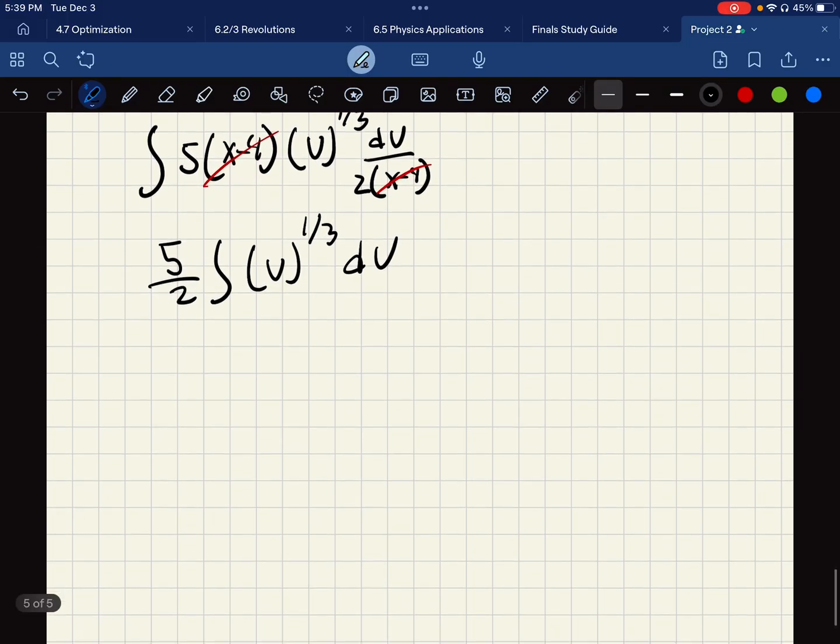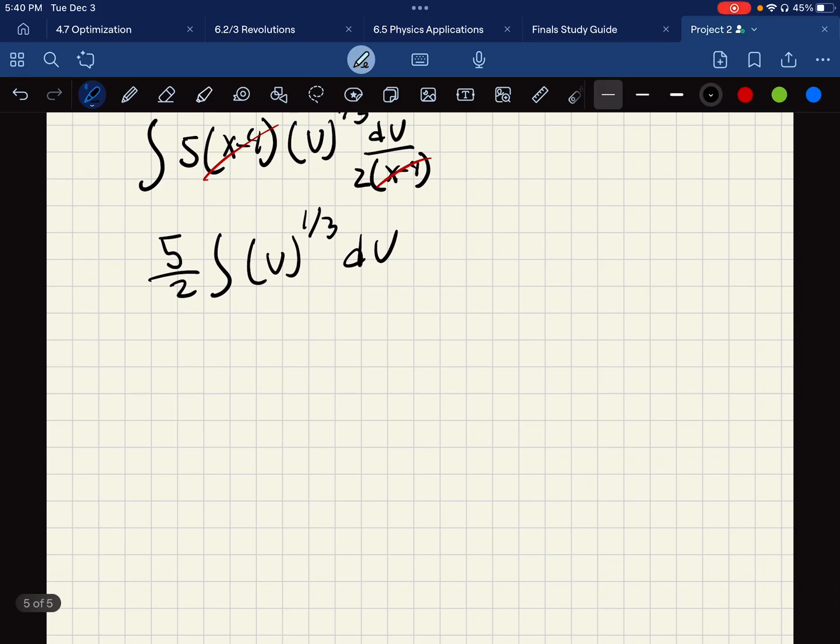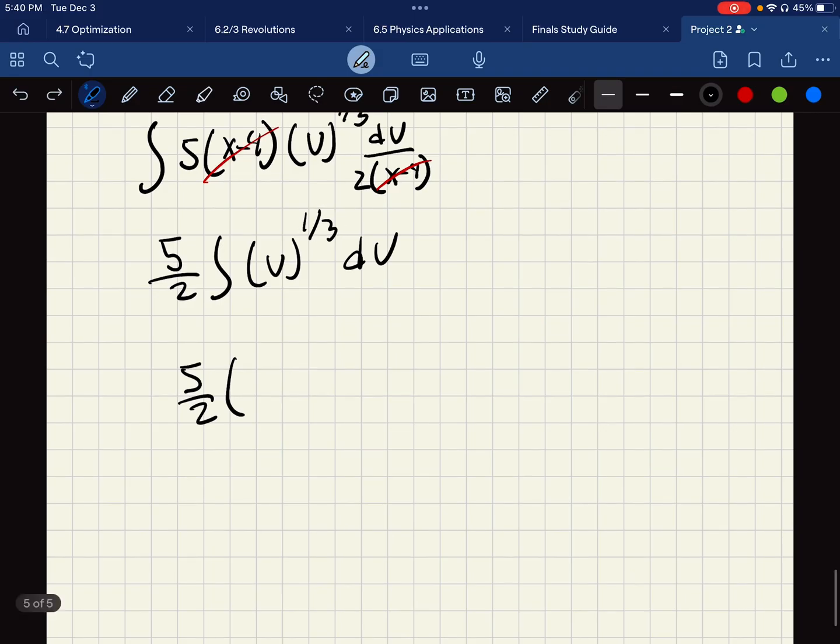Perfect. Now it's just a simple antiderivative. So we bump this up by 1. So if you add 1 to that, you would get 4 over 3. But since we are dividing by that, it would actually be 3 over 4 u to the 4/3, just like that.